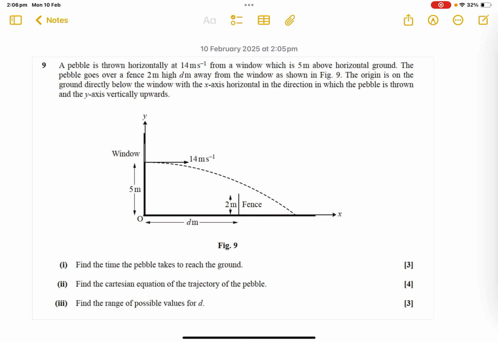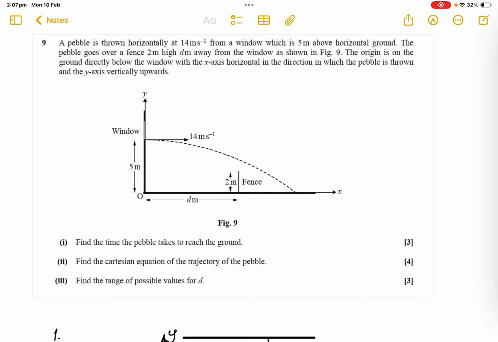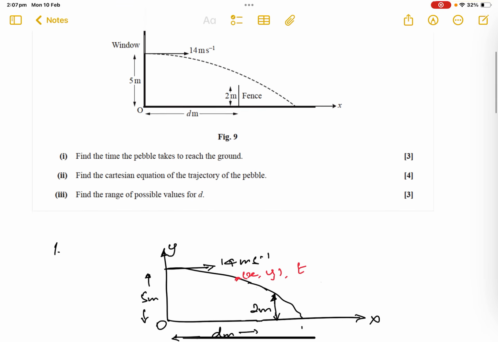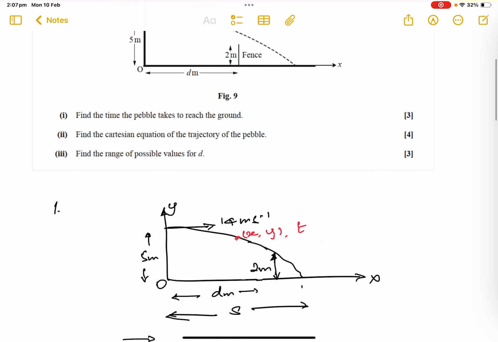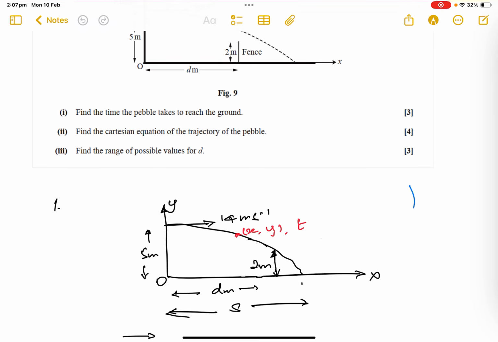So this is a projectile question and the diagram is given. Y-axis vertically, x-axis horizontally, and this projectile is purely under gravity. So the acceleration used here is gravity, as gravity is perpendicular to the ground.